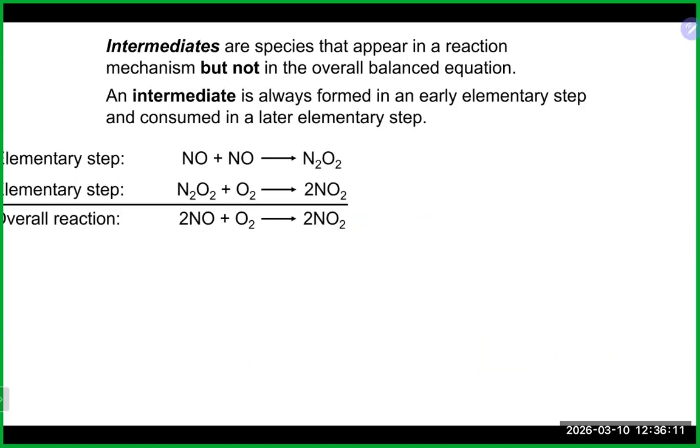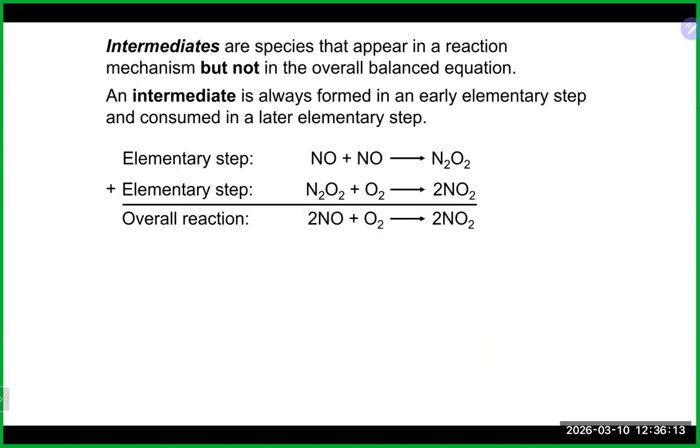So let's talk about some things that we do see, and that is intermediates. Intermediates are species that appear in a reaction mechanism, but not in the overall reaction when it's all said and done. So an intermediate is always formed in an earlier step and consumed in a later step. In order for something to be an intermediate, it cannot be part of the overall reaction.